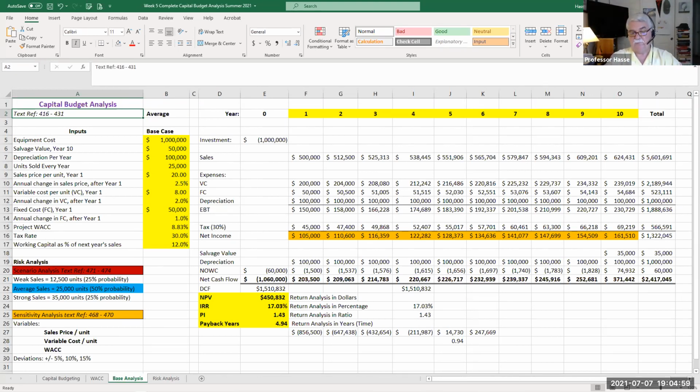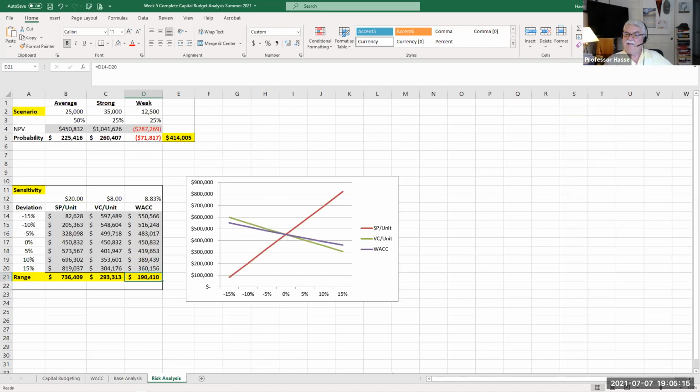You'll be doing this spreadsheet as that case. You'll be doing this analysis, a risk analysis. I'll give you the base analysis. Your job in case number 3 is to do the risk analysis and tell me, is this still a worthwhile investment? That's case number 3.